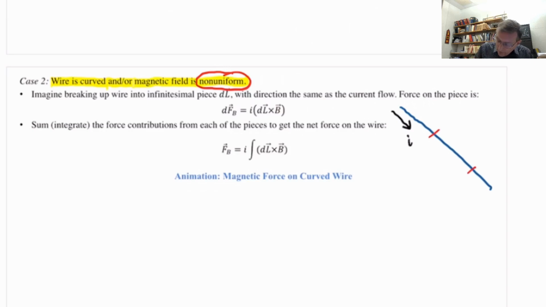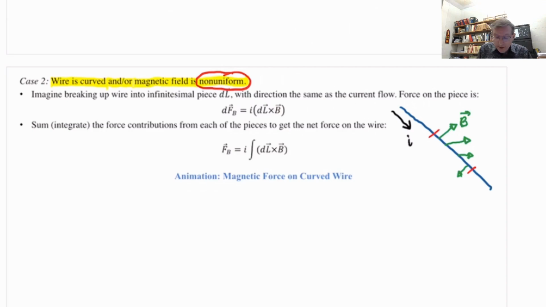But at different points along here, the magnetic field isn't the same everywhere. Right here it might be like that, and then a little bit farther down the wire it's in that direction, and then maybe it's a different magnitude, and then that has a little bit different direction, and then maybe over here it's this way. That's a non-uniform magnetic field, B.